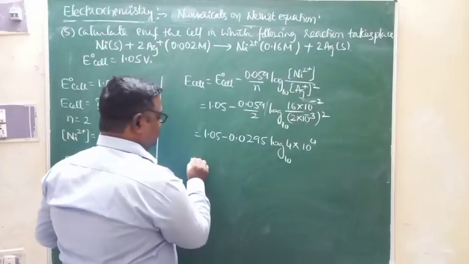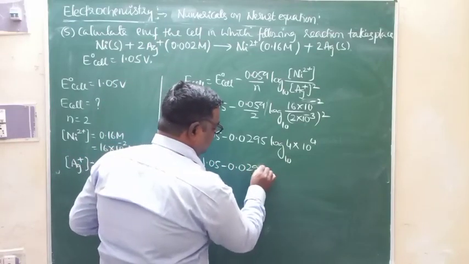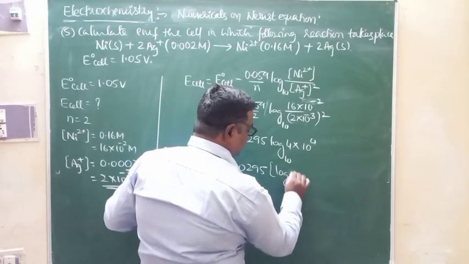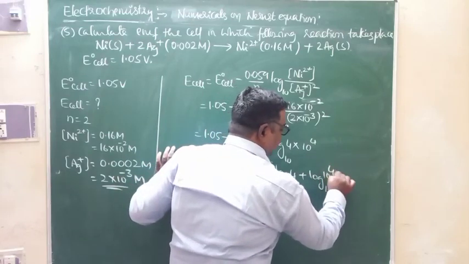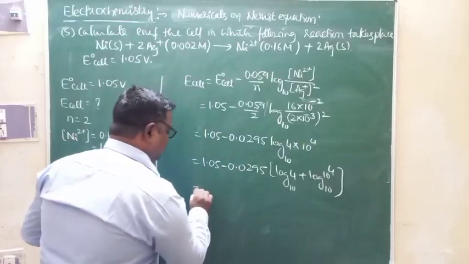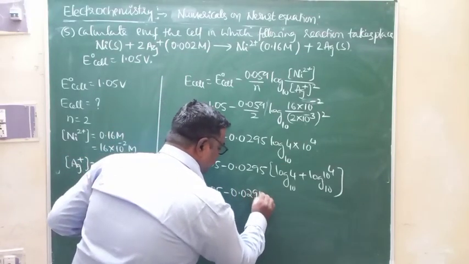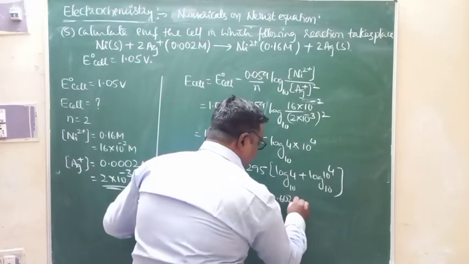That is equal to 1.05 minus 0.0295 log; applying log AB, it is log to the base 10 of 4 plus log to the base 10 of 10 to the power of 4. Log AB is equal to log A plus log B. That is 1.05 minus 0.0295 times log to the base 10 of 4, which is 0.6021.